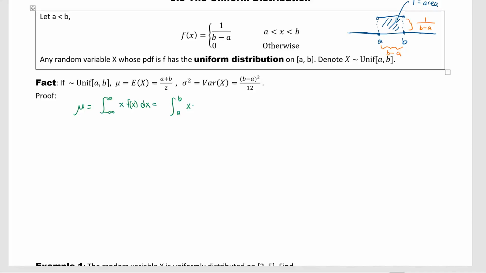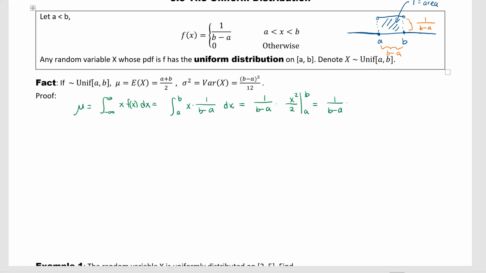So that's why here we plug in the integral from a to b of x times 1 over b minus a dx. 1 over b minus a is a constant, so we can move it outside, right? And the integral of x is x squared over 2. We evaluate from a to b.